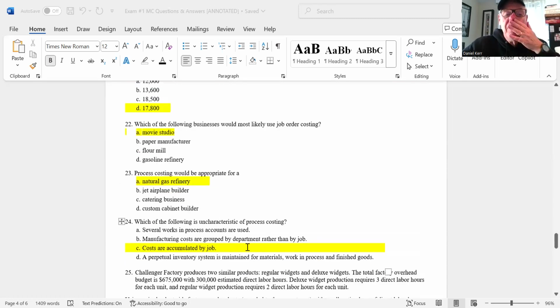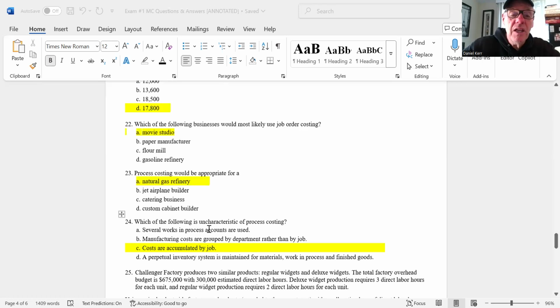24, which of the following is uncharacteristic of process costing? Well, in process costing, you have several work in process accounts. You have manufacturing costs grouped by department. That's true. Perpetual inventory is maintained for materials, work in process, and finished goods. That's probably true. Perpetual inventory would be more likely to be used for job order costing.